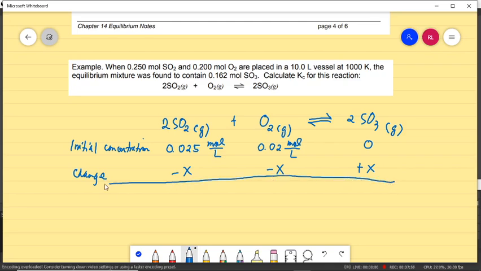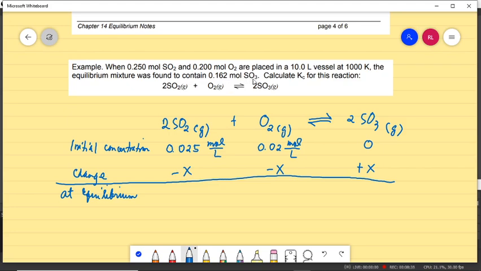Okay, why the sign is negative for reactants and positive for products. So at equilibrium, what will be our concentrations? As stated in the problem, at equilibrium, you have 0.162 mole of sulfur trioxide.